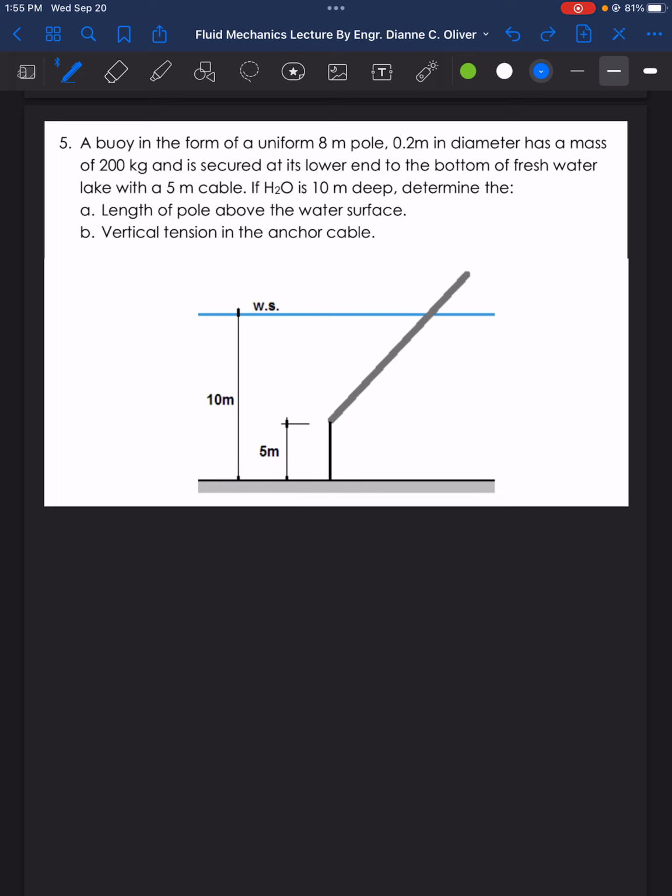If water is 10 meters deep, determine the length of pole above the water surface. So this is the 8-meter pole. It's asking for the length of pole above the water surface, so it's asking for this one here.